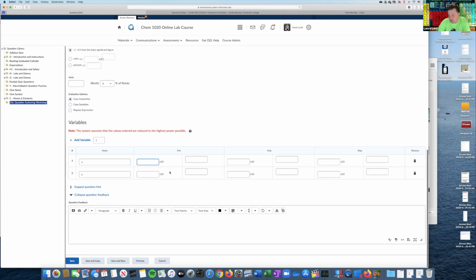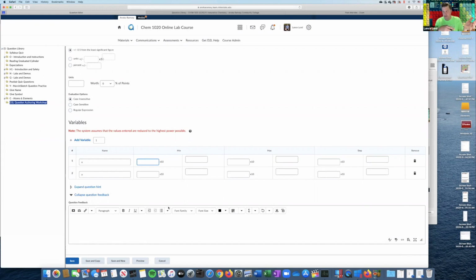Now, again, this is supposed to be a significant figure problem, but as you can see, even though it's a significant figure problem, it is expecting values in scientific notation. So that is the way that D2L handles significant figures. As we know in chemistry, when we talk about significant figures, we're talking about whether they are in scientific notation or not.